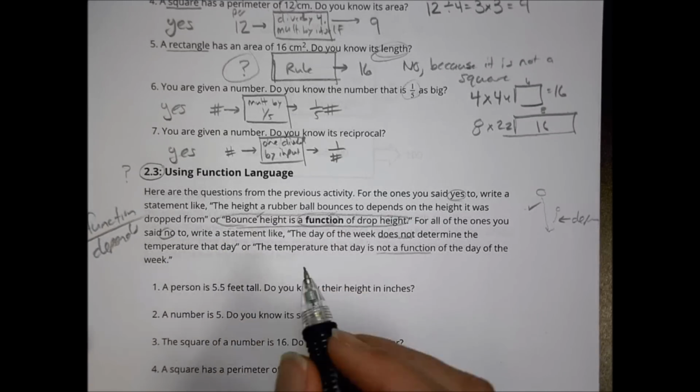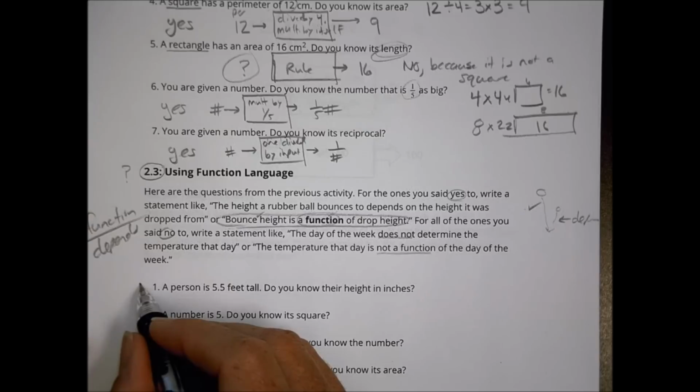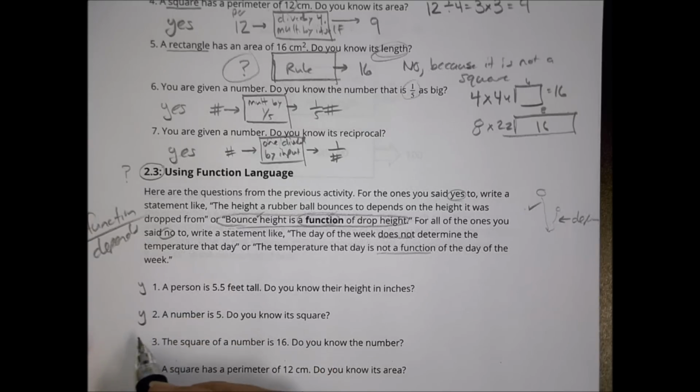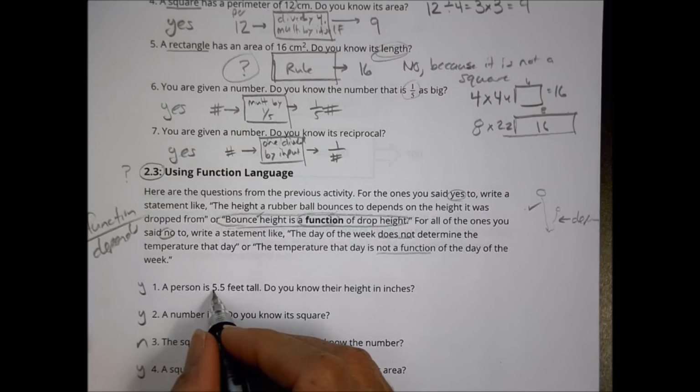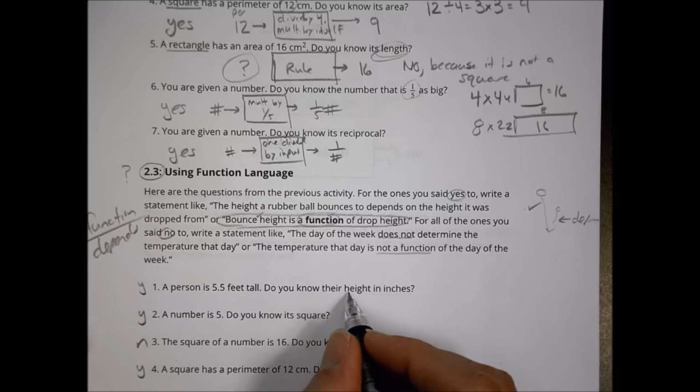So if I went back to my notes here, number 1 was a yes, 2 was a yes, 3 was a no, 4 was a yes, 5 was a no, 6 was a yes, 7 was a yes. So a person is 5.5 feet tall. Do you know their height in inches?